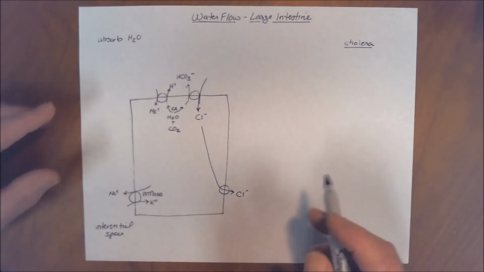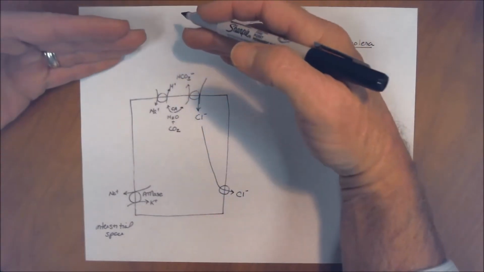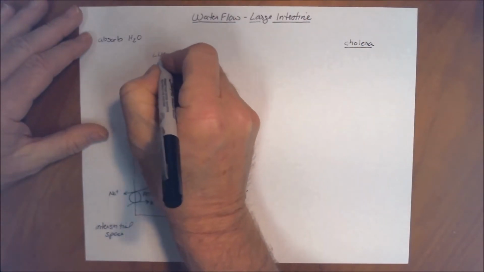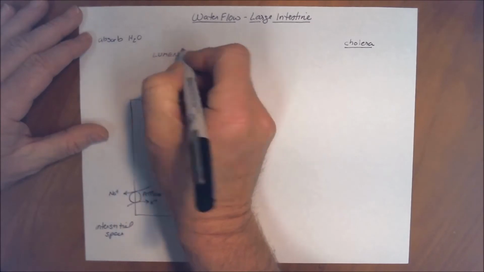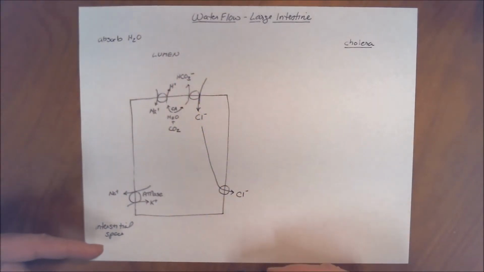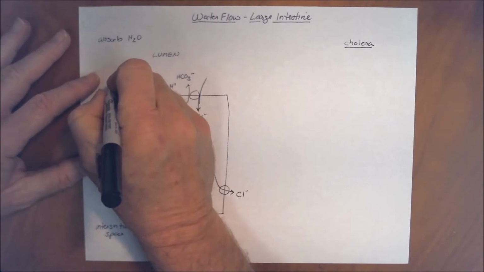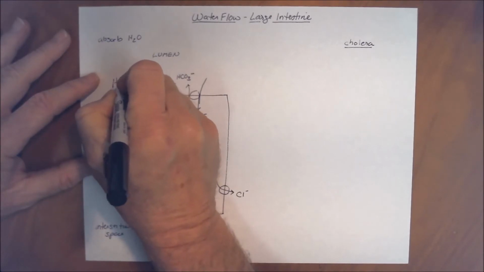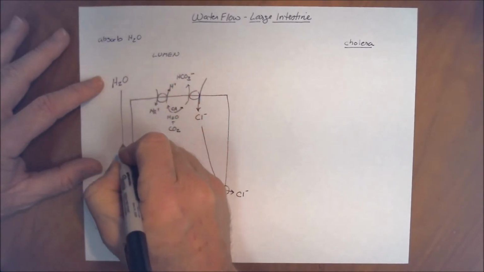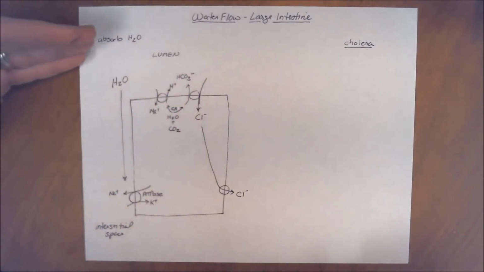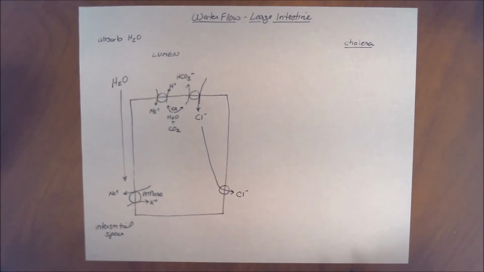Very simple process. We have sodium chloride coming from the lumen of the large intestine and moving into the interstitial space, and so by the basic principles of osmotic pressure, we will have water being reabsorbed into the body.